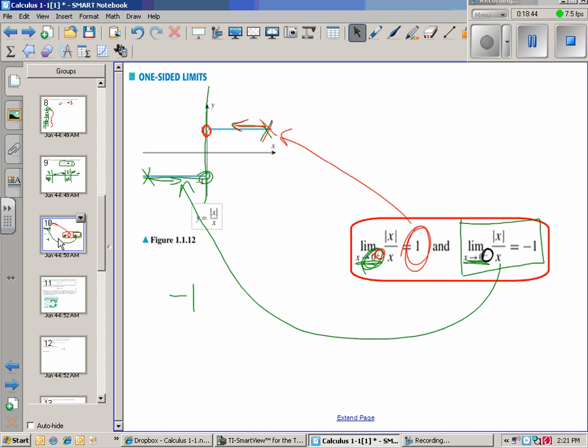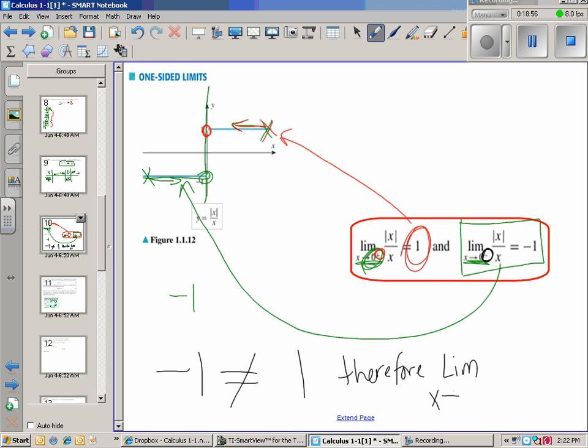So when we go back here and look at this slide, -1 is not equal to 1. Therefore, the limit as x approaches 0 of the absolute value of x divided by x does not exist. Okay? The left and right hand limits are not equal.